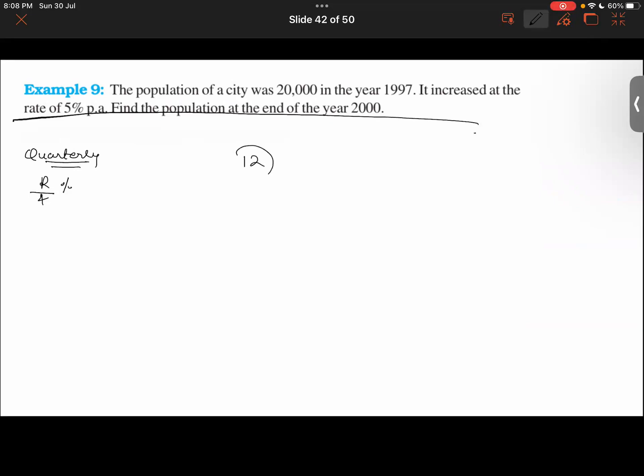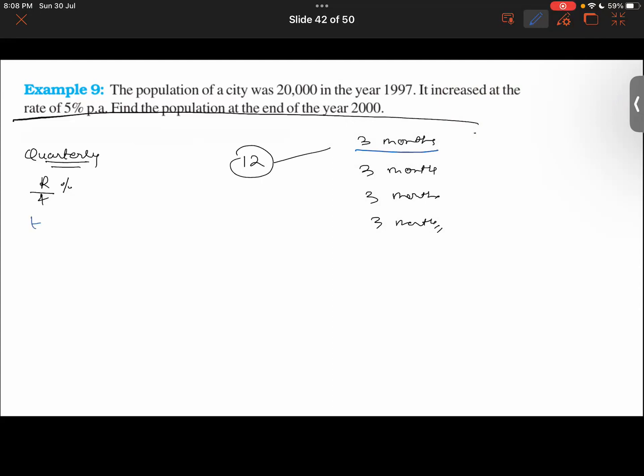The year has been divided into 4 parts of 3 months each, right? 3 months, 3 months, 3 months, and 3 months. So here we are calculating the rate of interest for 3 months, which is 1/4 of the full year. So it will be R upon 4%.